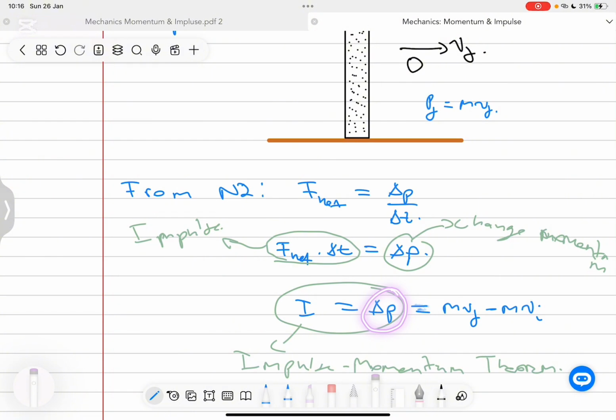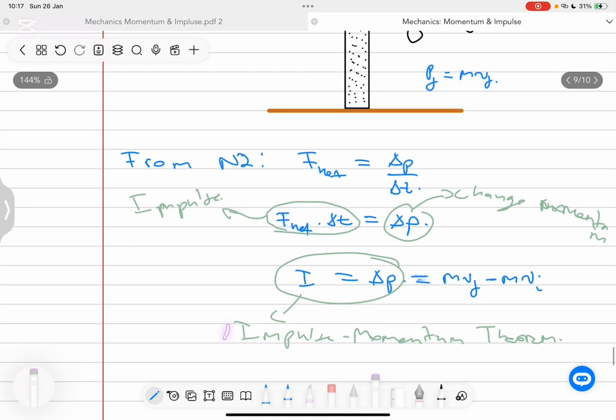After I've found the change in momentum, it is also easy to measure time. You can simply use a timer or a stopwatch. Then I have the time and the change in momentum, and I can calculate the net force. So because it's difficult to measure the net force in reality, we use other parameters such as change in momentum and the time to then calculate the net force. This theorem becomes important in that sense.